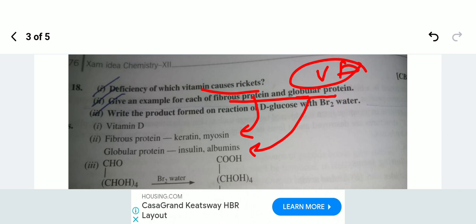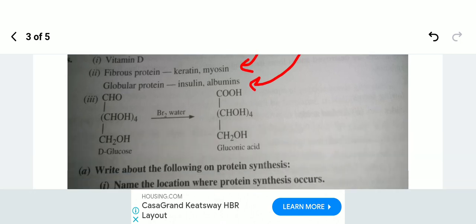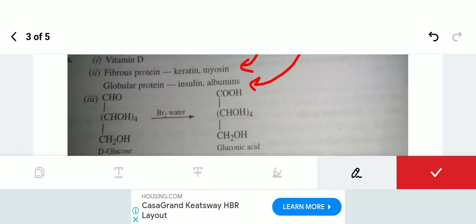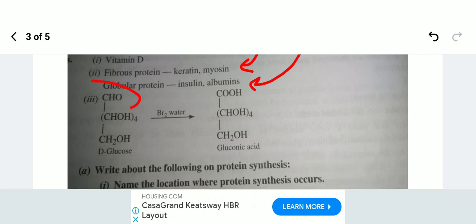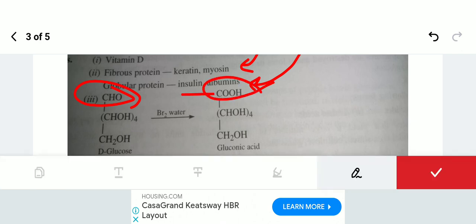Now write the product formed on the reaction of D-glucose with bromine water. D-glucose is CHO, (CHOH)4, CH2OH. When you add bromine water to it, the aldehyde group gets converted to an acid. So CHO becomes COOH, then (CHOH)4, and again at the bottom CH2OH.